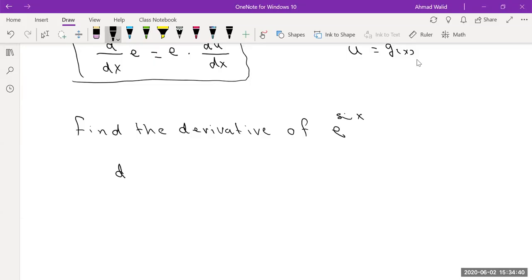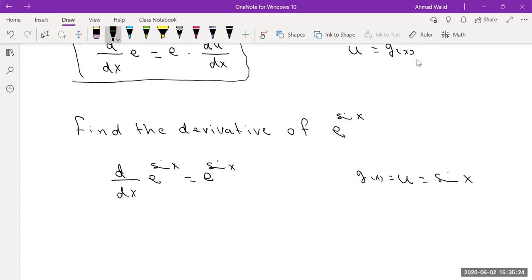correct? Then d over dx of e to the sine x equals... sine x is actually u, right? Your u is sine x. It's a function, or I can even name it g of x, but usually we use u for substitution. That's why we use u as sine x. Now, the derivative of e to the power of sine x will be e to the u, based on my formula, and my u is sine x, right?